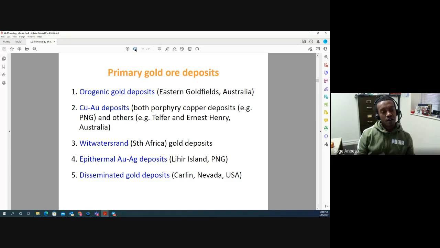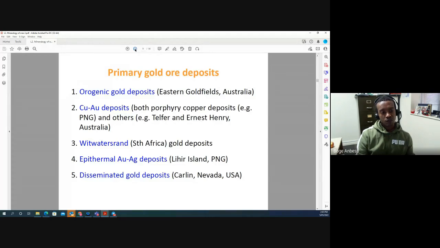Some gold ores have copper in them. So you find both the copper and the gold in reasonable amounts. These are typically called copper gold deposits. And if you have heard about porphyry copper deposits, these are very large, low-grade copper deposits, and they're found in many places in the world.